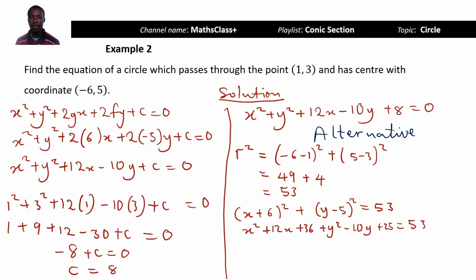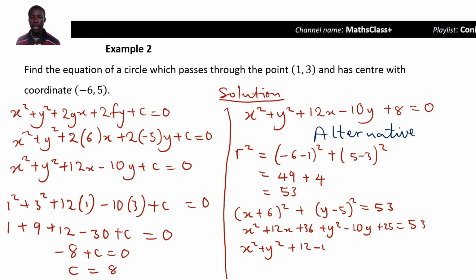So if I group, I'll have x squared plus y squared plus 12x minus 10y, then 25 plus 36 will be 61. So plus 61 is equal to 53.